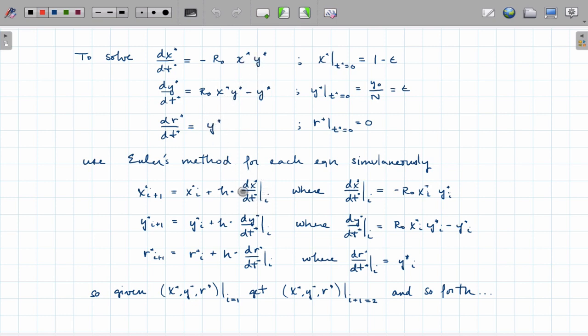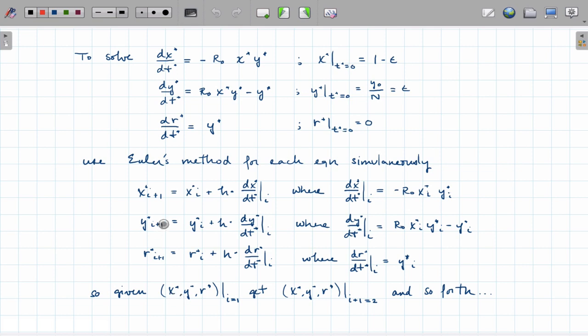And so in order to compute a derivative at any location, I have to know x, y at those locations. So I can't just solve for all the xi plus 1 numbers given the xi numbers separately from the y and the r values, because really the y values show up in the derivatives. And we'll see that in the next slide where we see the solution mocked up for us in MATLAB.